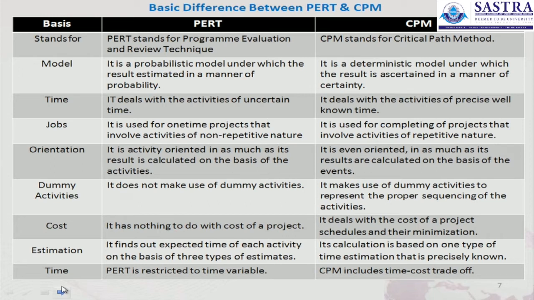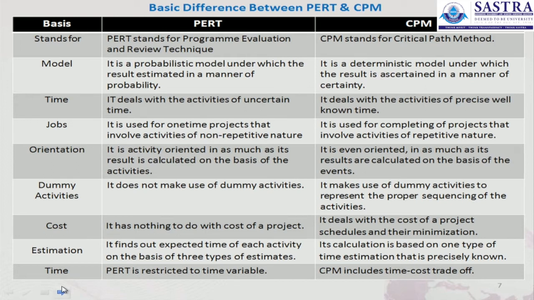For dummy activities, PERT does not make use of them, and CPM makes use of dummy activities to represent the proper sequencing of the activities. For cost, PERT has nothing to do with the cost of your project, but CPM deals with the cost of your project, schedules and their minimization.